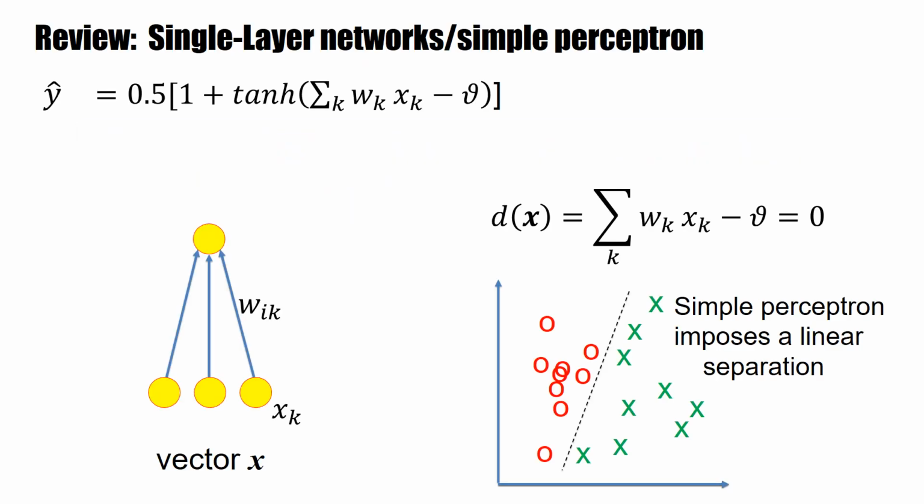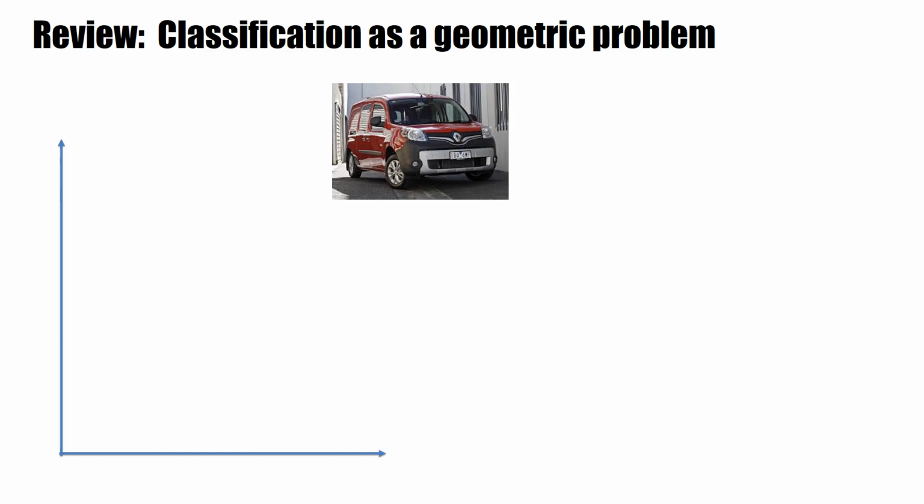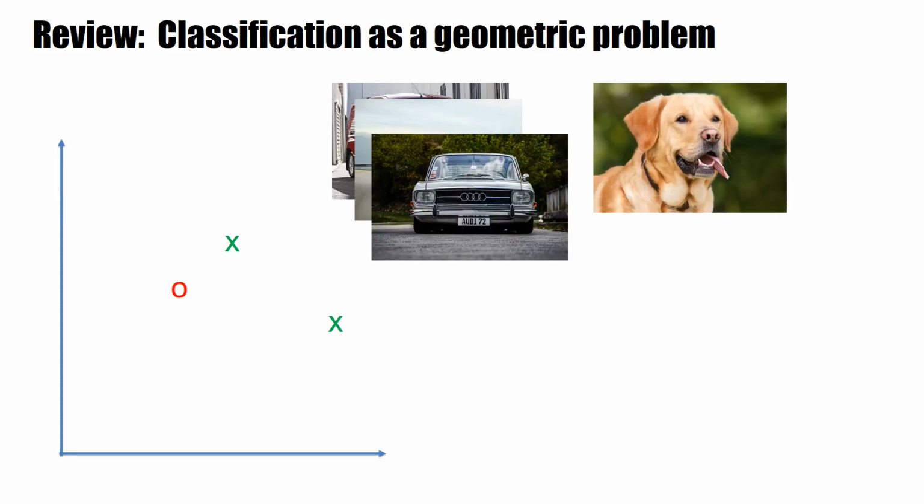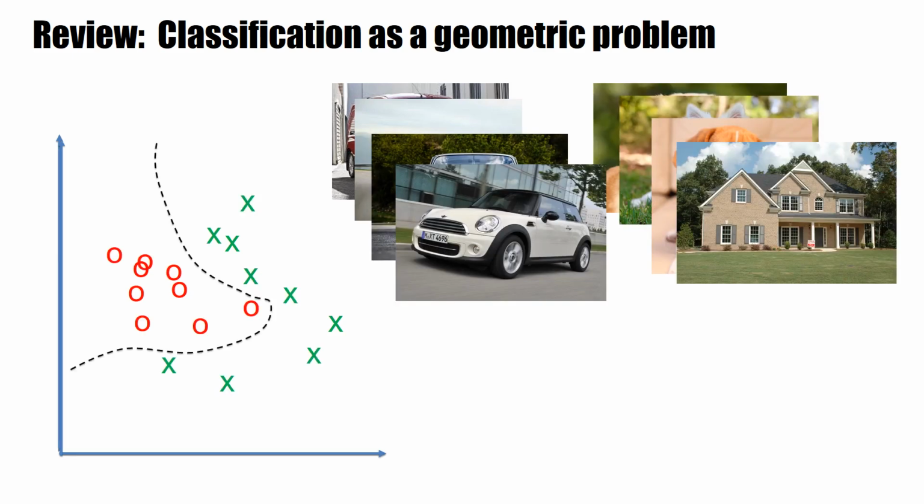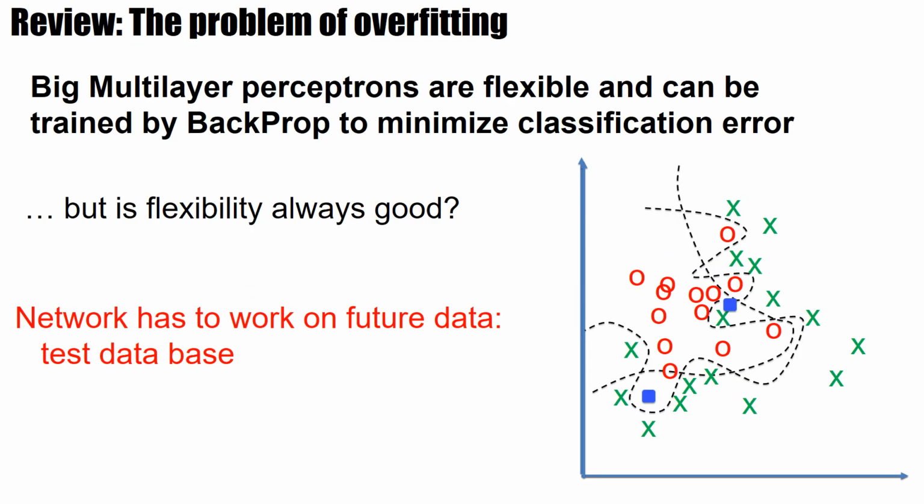For our third question, we'll come back to the problem of generalization. We have seen that a single layer network can only solve linearly separable problems, whereas multi-layer networks, deep neural networks, are flexible enough to solve complicated problems with a very flexible separating surface. But as we know, flexibility can lead to overfitting unless we use a smart regularization method, because the network has to work on future data.